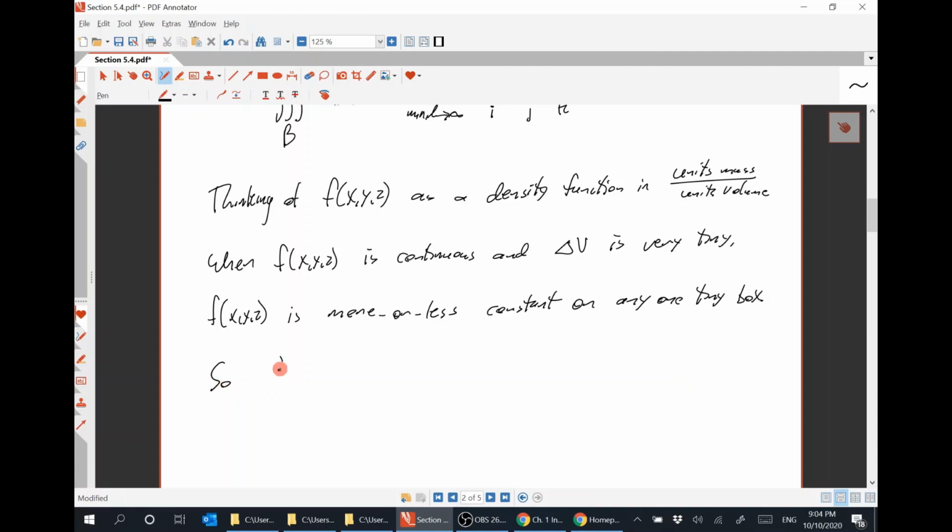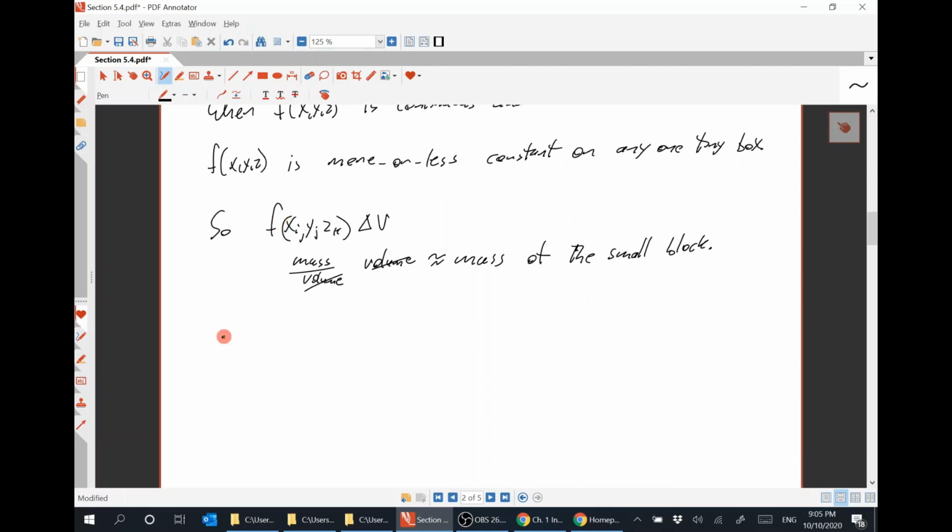So f(x_i, y_j, z_k) delta V: this is units mass over volume, and this is volume, equals the mass of the small block. Right, it doesn't equal, it's approximately the mass of the small block.